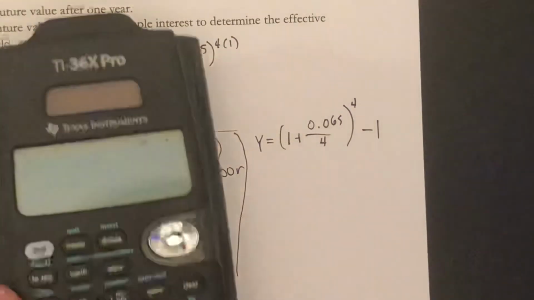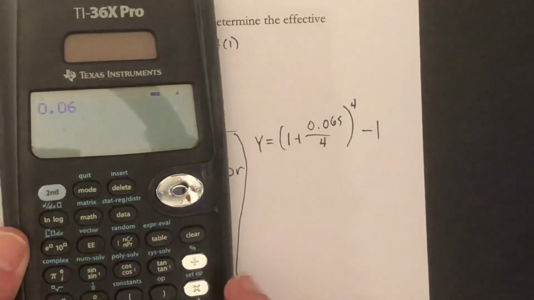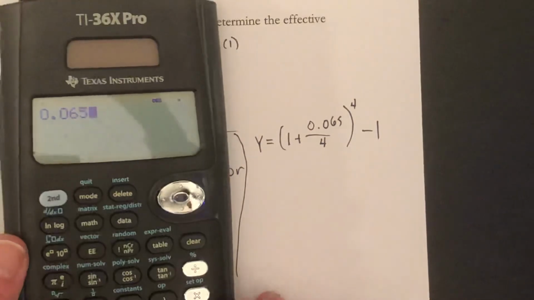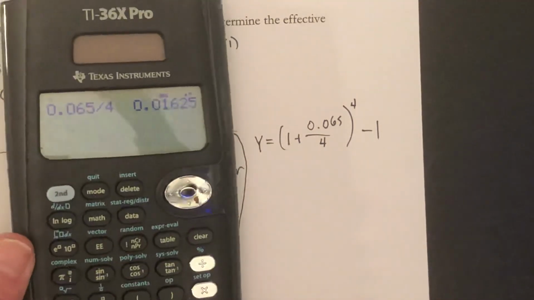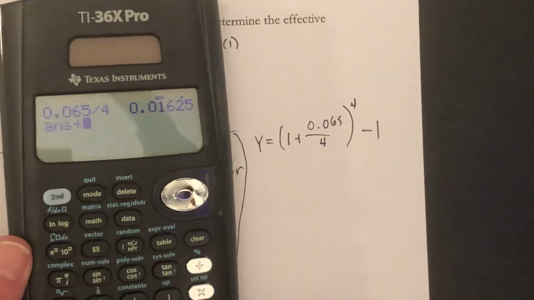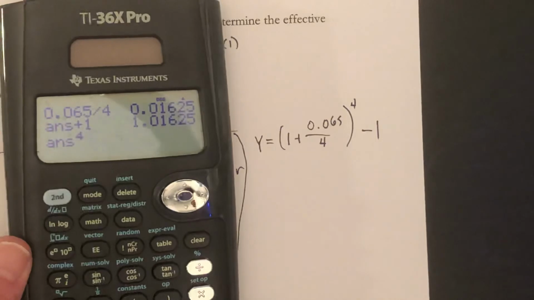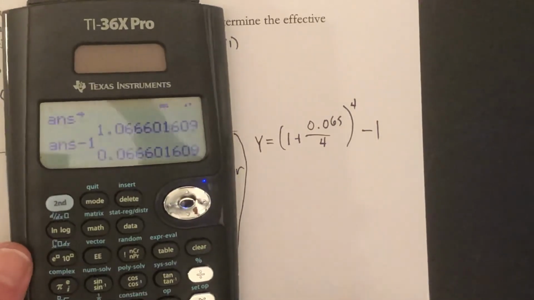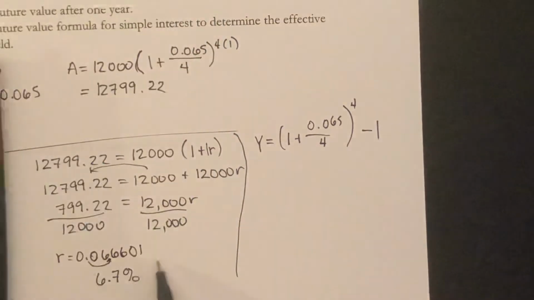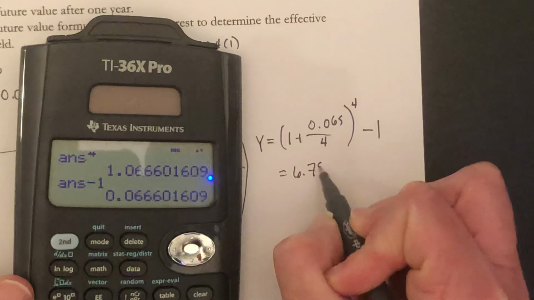So let's do that. 0.065 divided by 4, plus 1. Now raise that to the 4th power, and then subtract 1. And you see we've got the same ugly decimal we had here, which is still going to give you 6.7% yield.